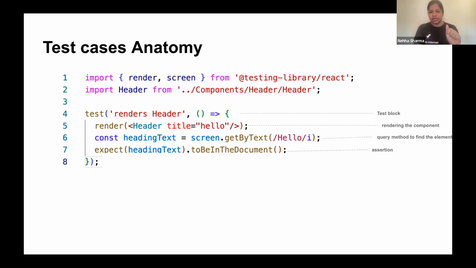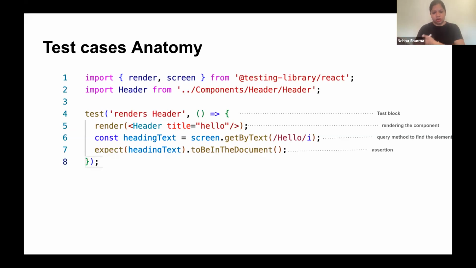So what you are looking at, these test cases are presentational. But the one thing I really want you to see on line number 5 is that I am passing a prop. I'm passing title equals hello, and I'm checking that. So you can now connect the dots that in React, apart from presentational checks, you can also check the props. You can check logical things, functional things also. So this is how your test case looks.